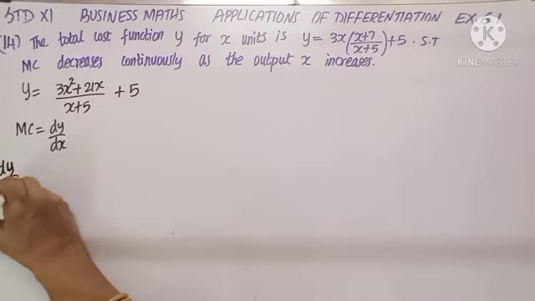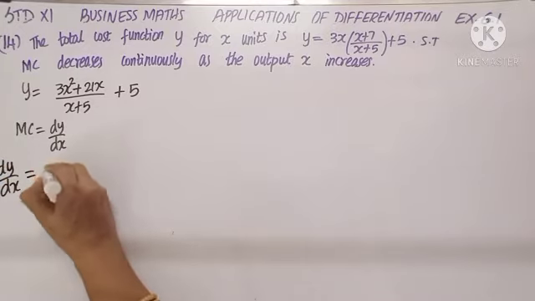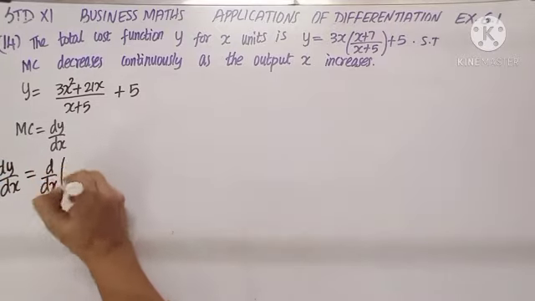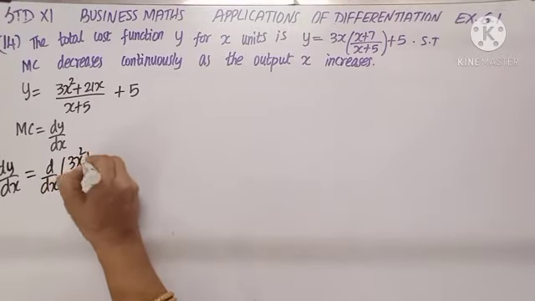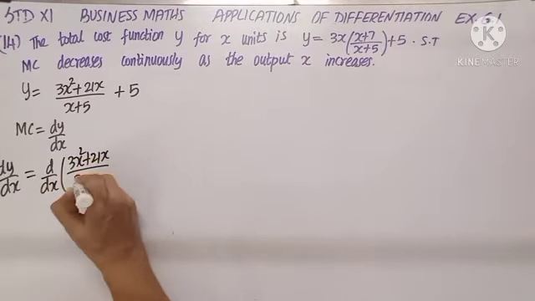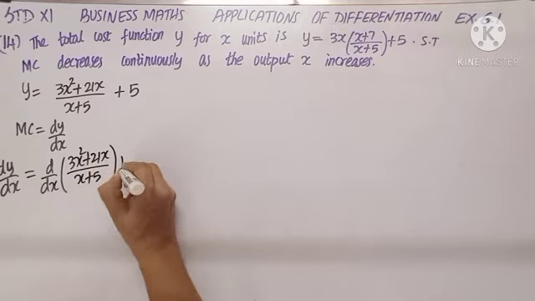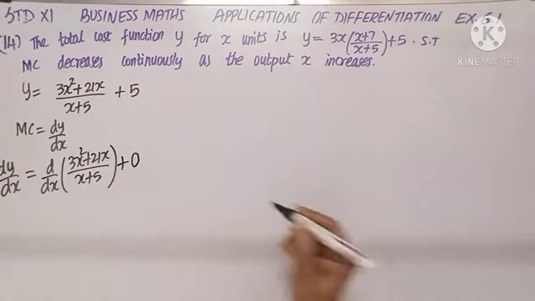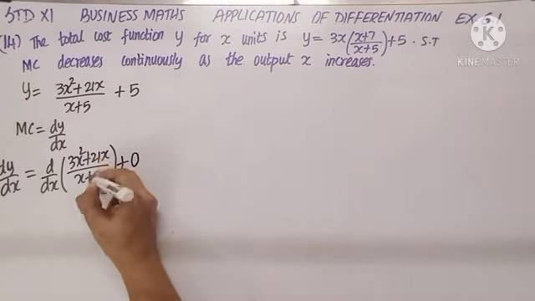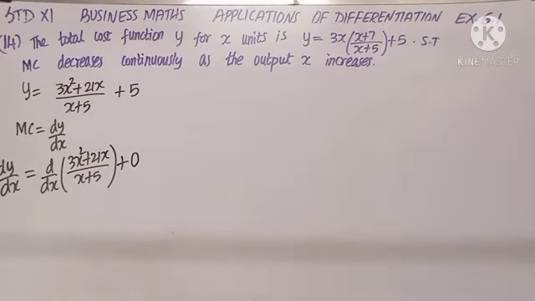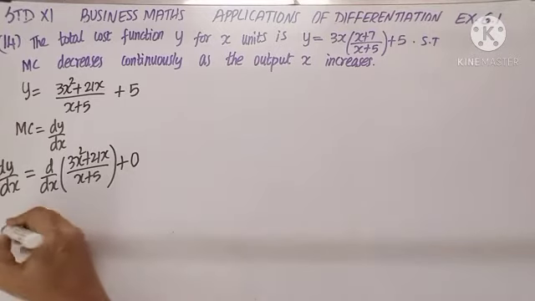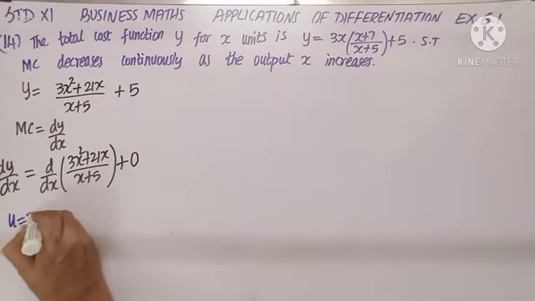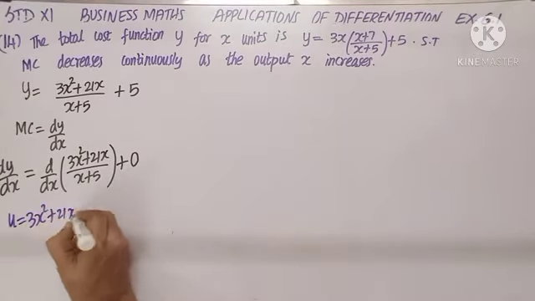dy by dx equals d by dx of the first function, 3x square plus 21x by x plus 5. The second function is a constant which becomes 0. To differentiate this, let us remember, treat the numerator as u, that is 3x square plus 21x.